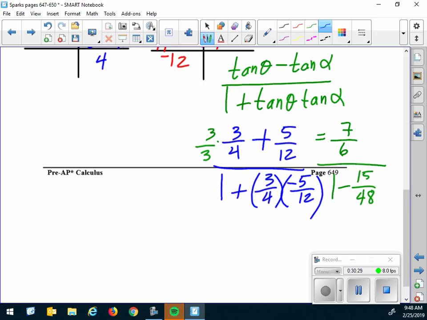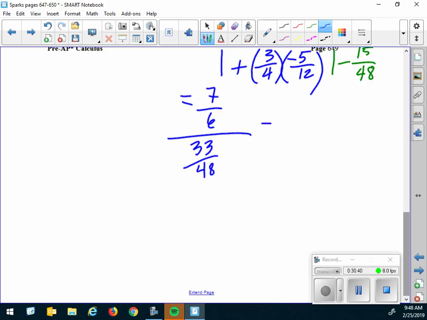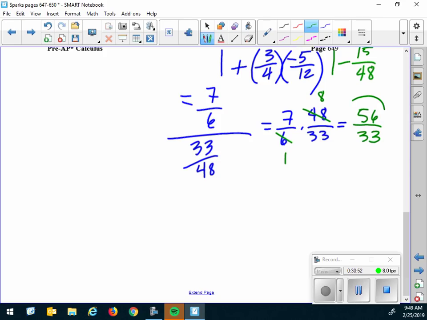I think that's 33/48. So 7/6 over 33/48. So that equals 7/6 times 48/33. What's that, 56/33? Let me stop and make sure this is right. Yep, I feel good about that one.